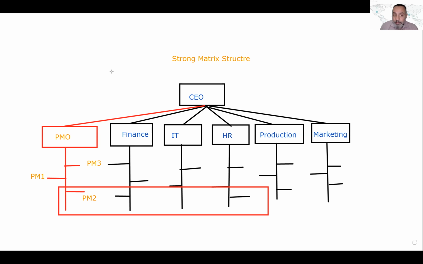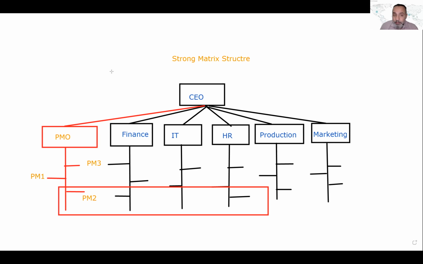And they work on projects. But if we don't have projects, what do those people do? They don't do anything. They just sit and take salaries, right? So when you use this structure, you need to make sure that you have the amount of projects that require such a structure. Otherwise, it's going to be expensive to operate, right? Okay.